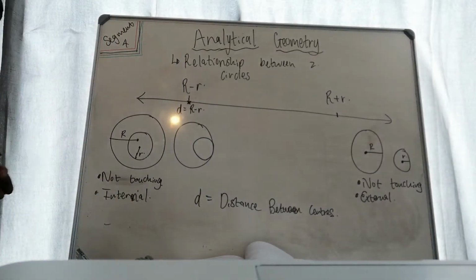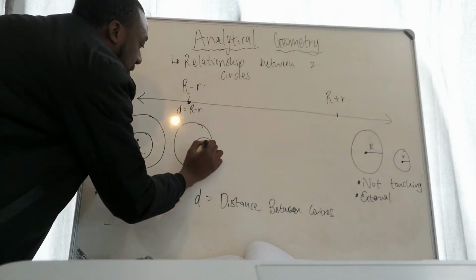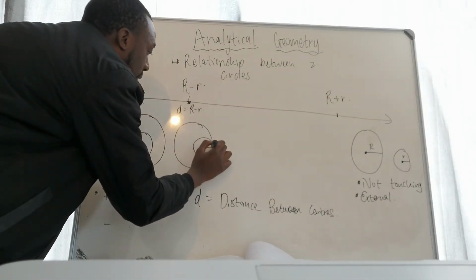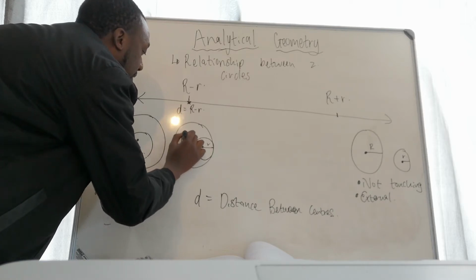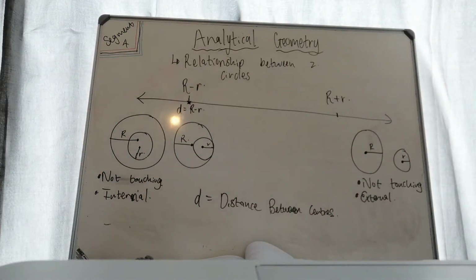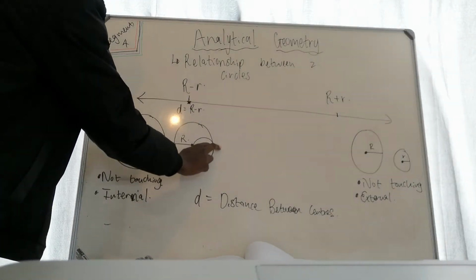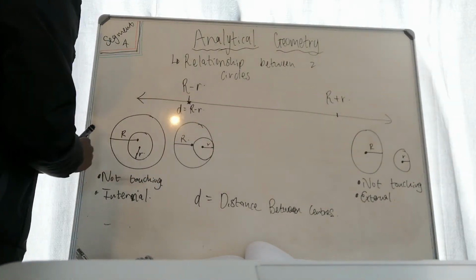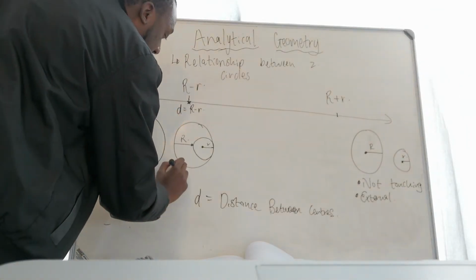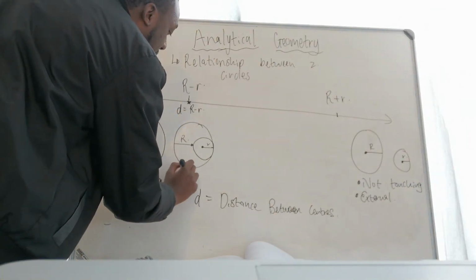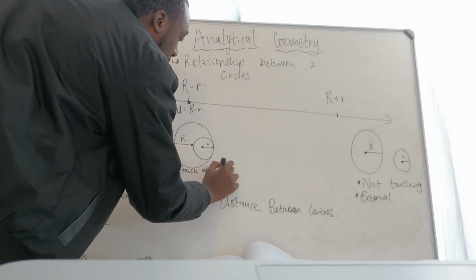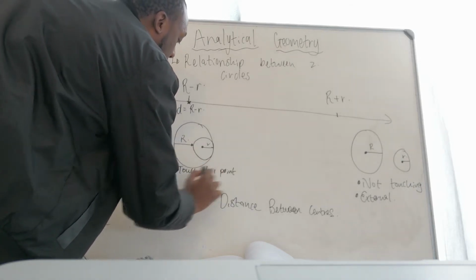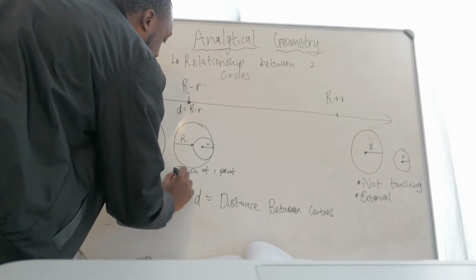So it looks like that. And this distance here is your r, and the distance going there is your big R. Do you get it? So yes, they're touching, but they're touching at one point and they're internal. So the characteristic of this one is touch at one point and they're internal.